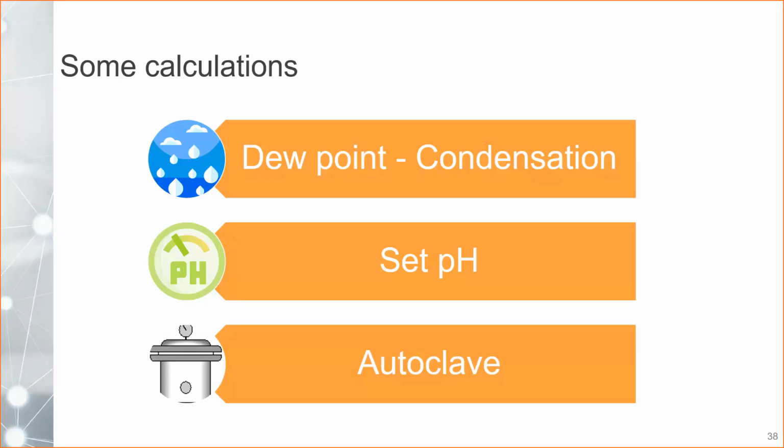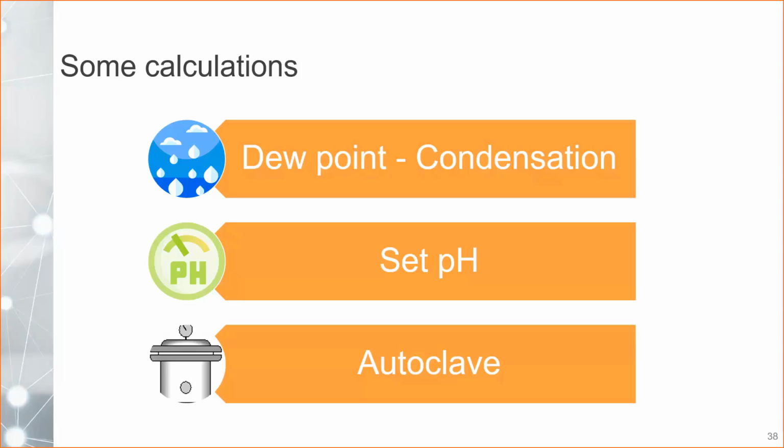So what I am going to do here is go through two basic calculations, maybe the autoclave. If somebody is interested in learning how to set up an autoclave, we can do it maybe in the next class. But today I'm going to focus on these first two because I find them very important when we are working on corrosive systems.